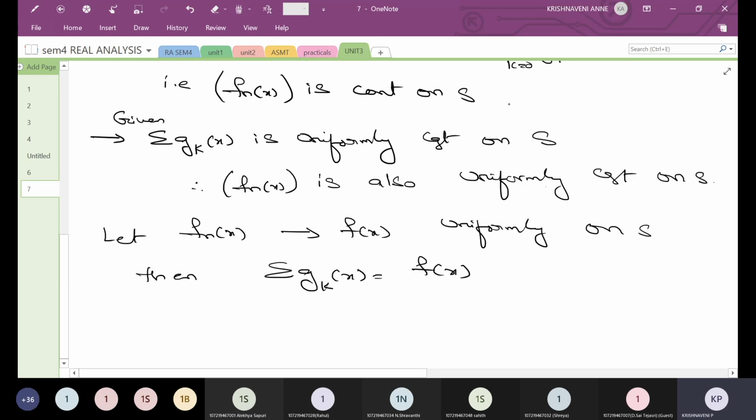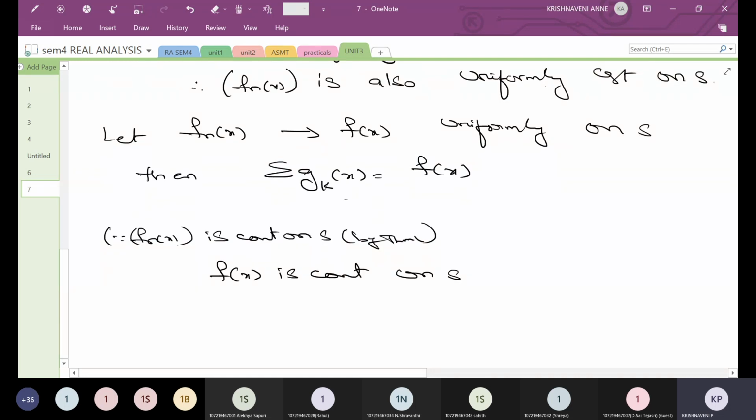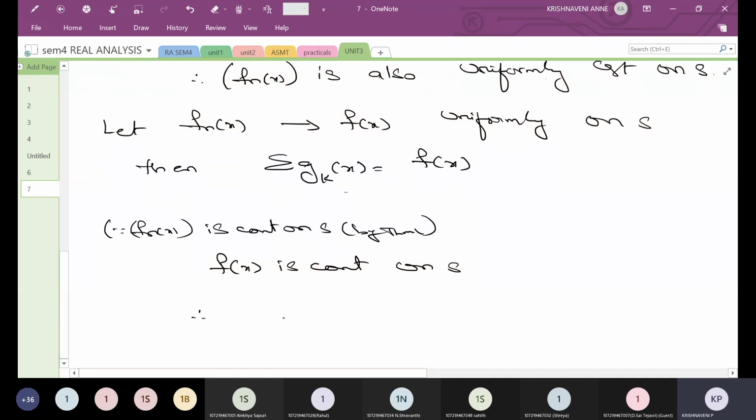We know that here Fn of x is continuous on S. Since Fn of x is continuous on S, by theorem 1, I'm writing that f of x is continuous on S. Now you can see f of x is nothing but summation gk of x, therefore the series is continuous on S. I'll write this in brackets, only for your understanding.